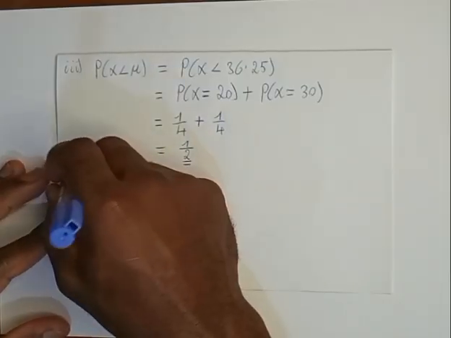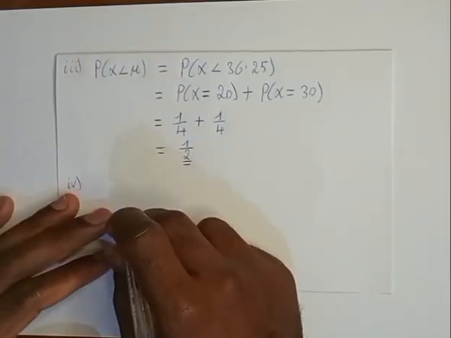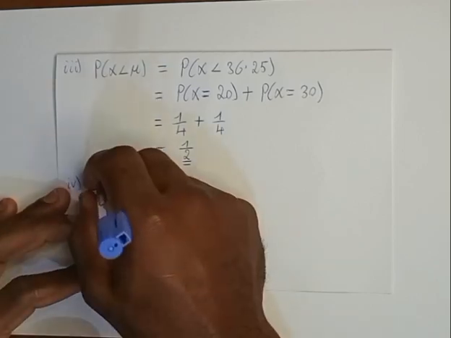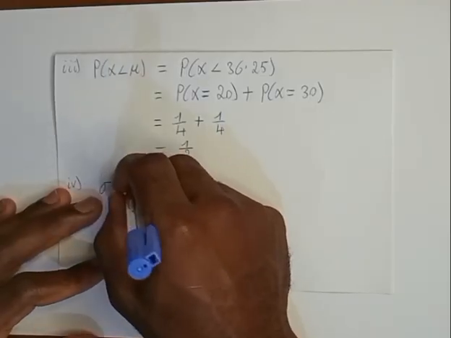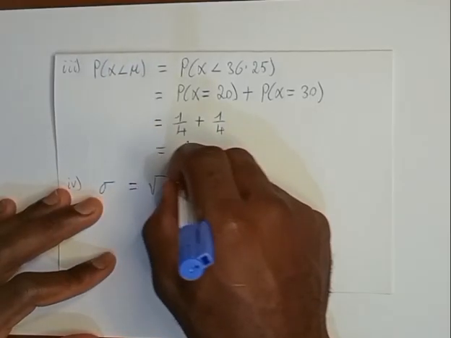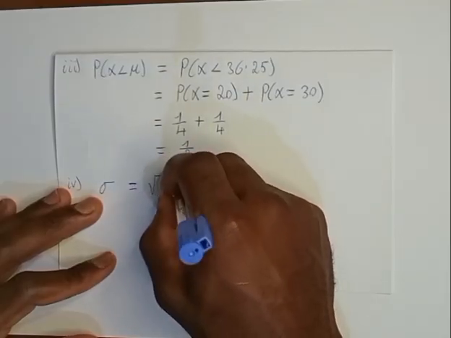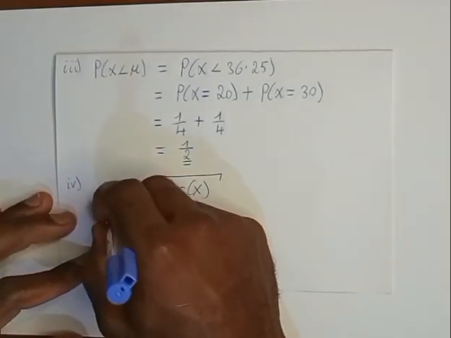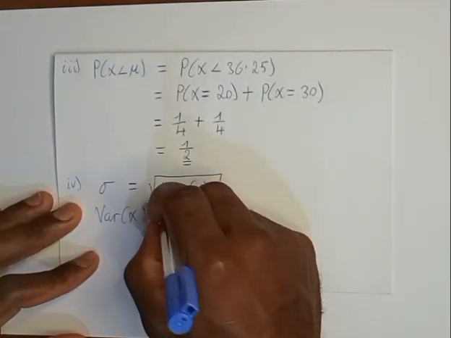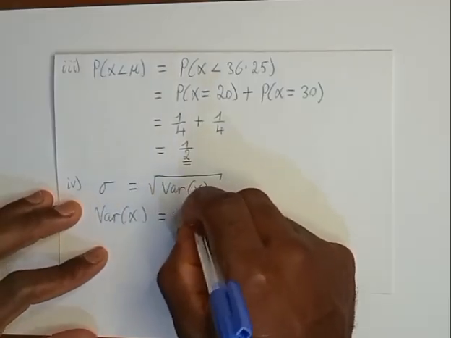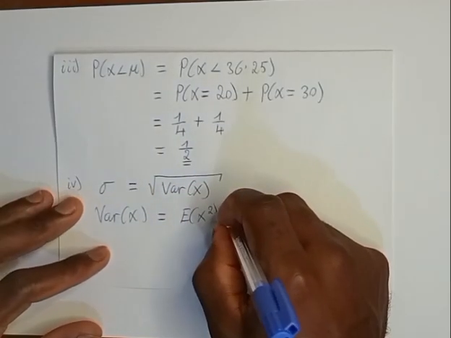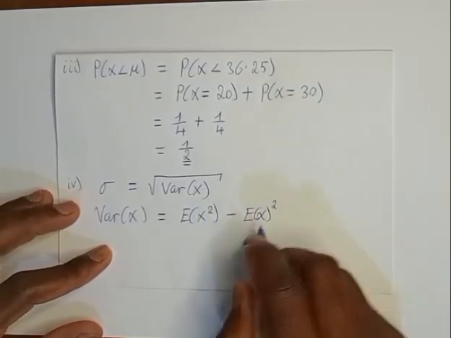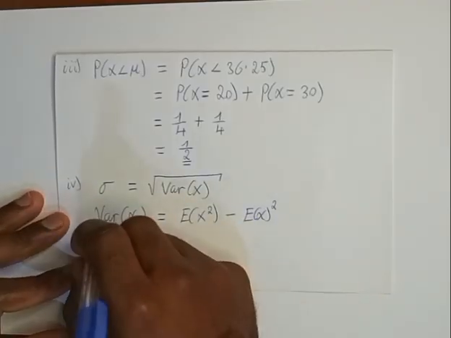We move now to question (iv). We are to find the standard deviation of x. The standard deviation is simply equal to the square root of the variance of x. The variance of x is simply equal to E of x squared minus E of x all squared. That means you square the expectation.